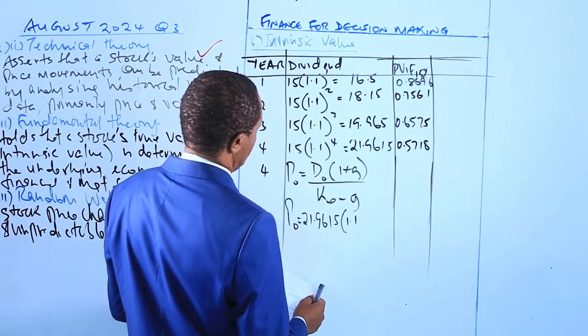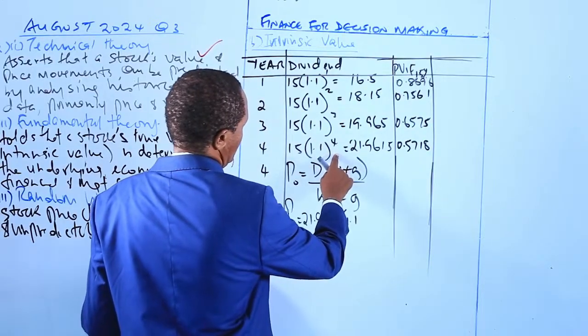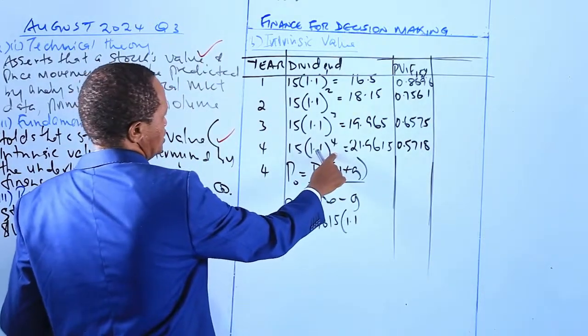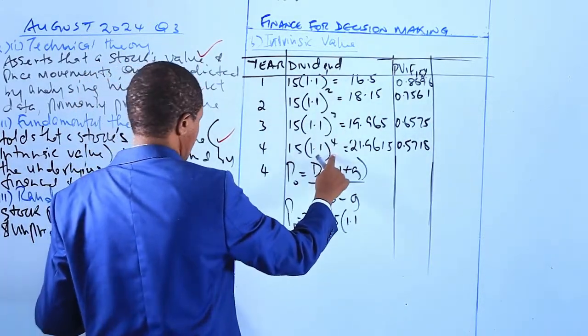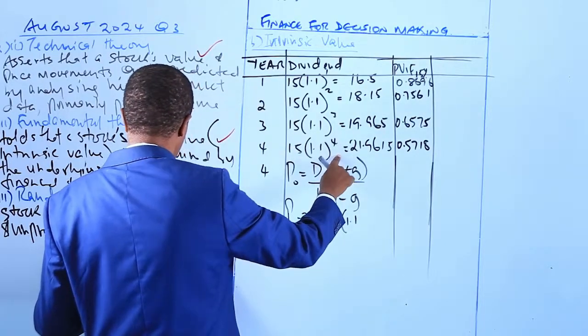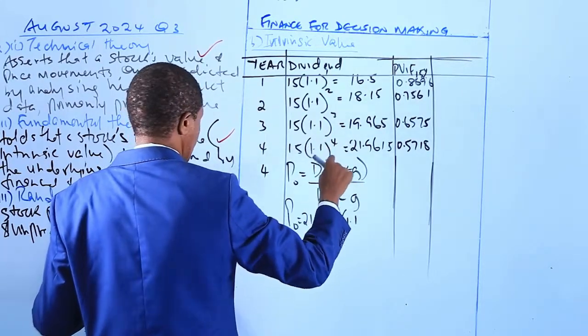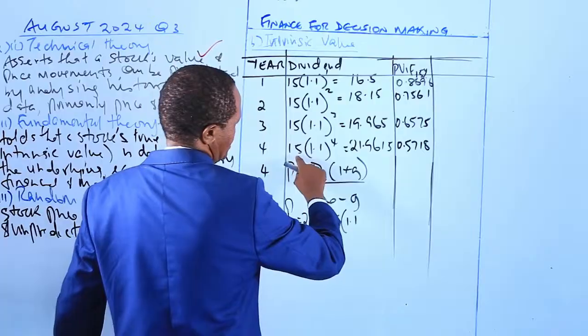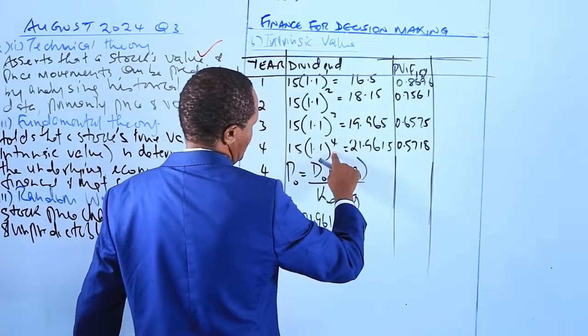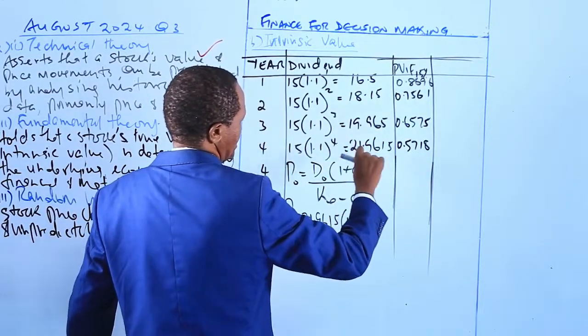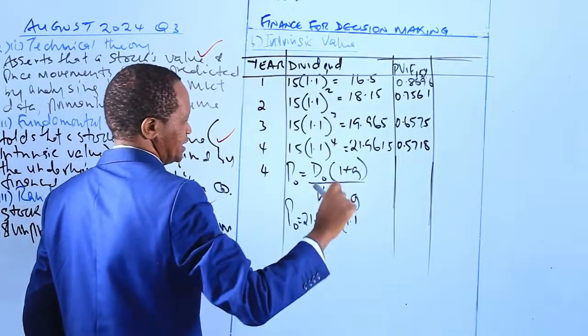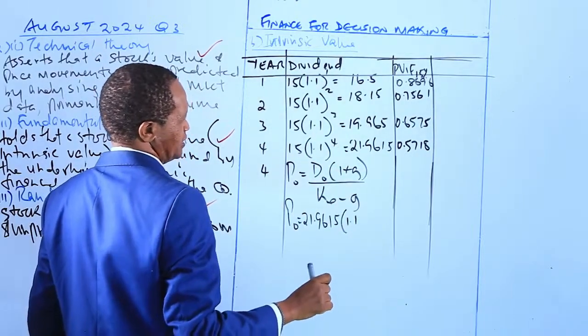So we have grown this dividend for the first 4 years. Then after 4 years, we read, and the rate of 12% thereafter. After growing this dividend at 10%, thereafter it will be growing at the rate of 12% in perpetuity.